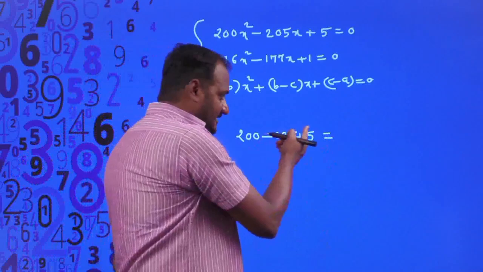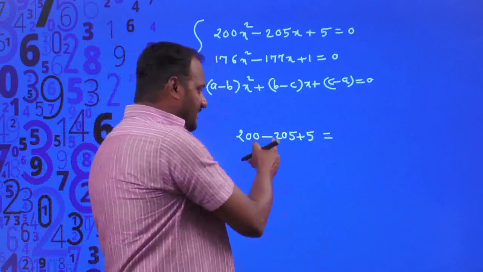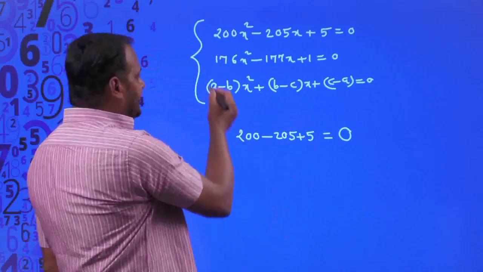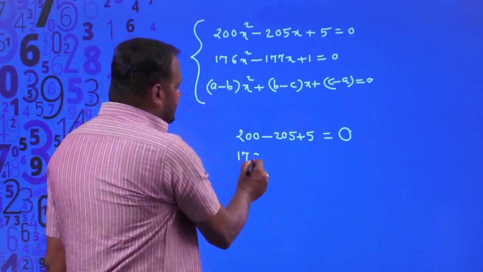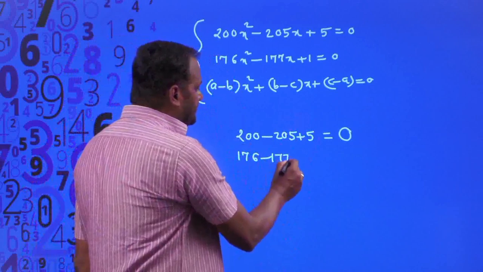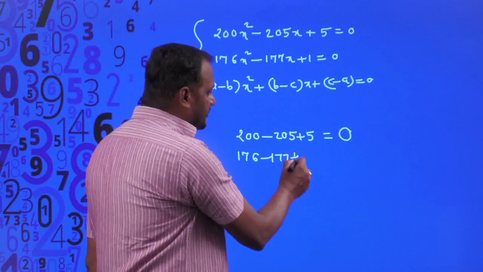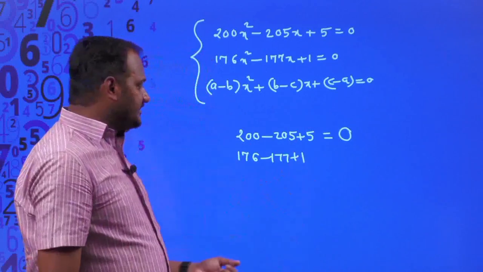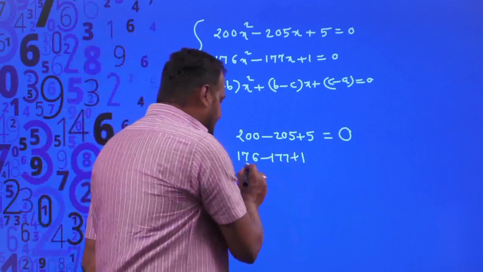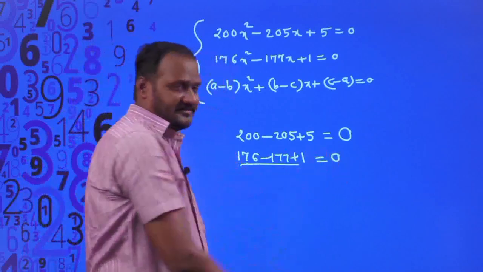200 plus 5 is 205, minus 205 is going to be 0. Similarly, in the second one, 176 is the coefficient of x square, minus 177 is the coefficient of x and the constant is 1. What is the sum of all these three? 176 plus 1 is equal to 177, minus 177 is going to be 0.